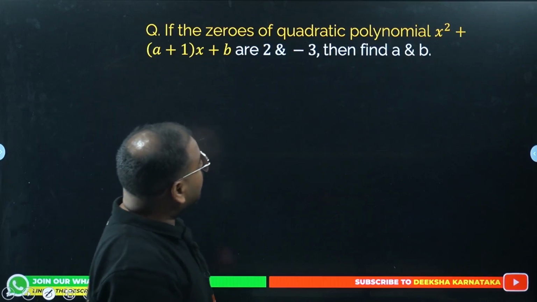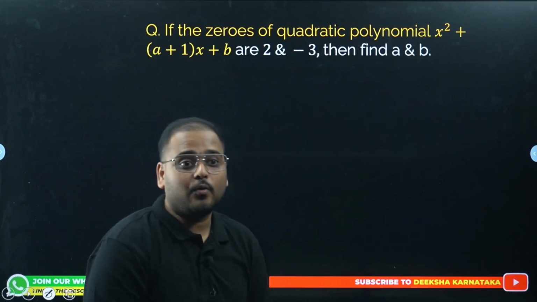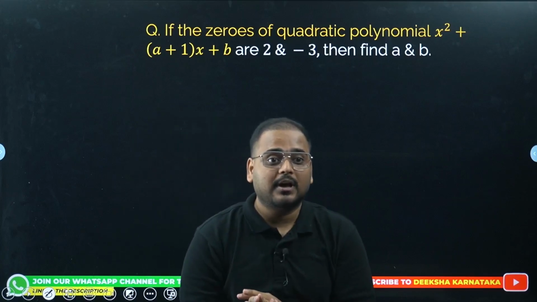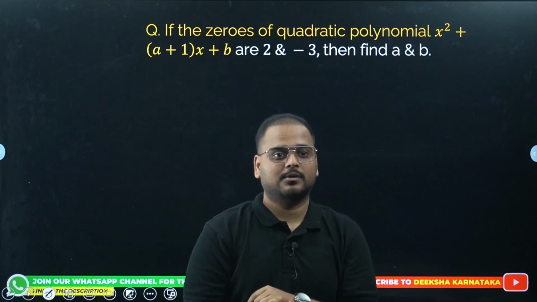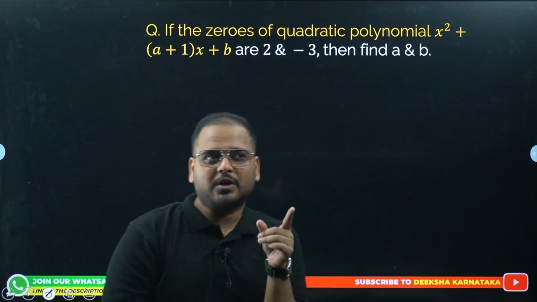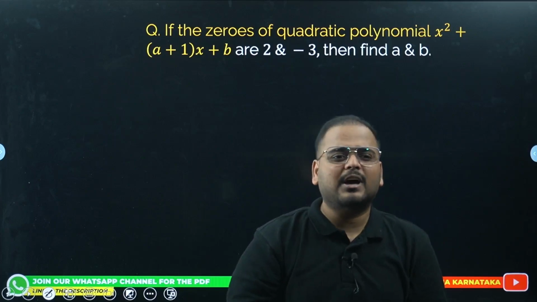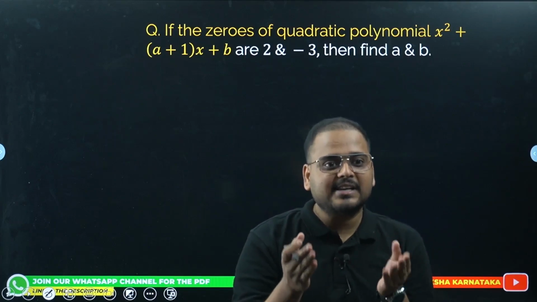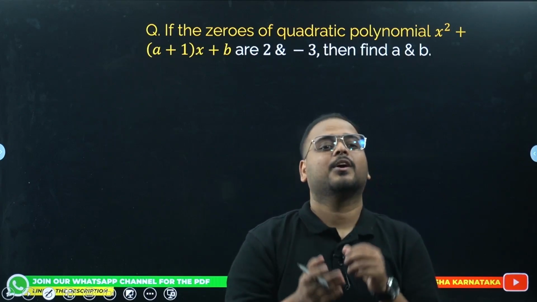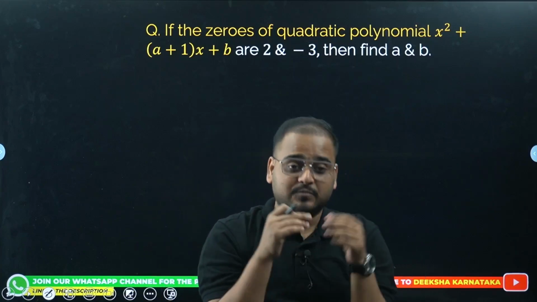If the zeros of a quadratic polynomial x square plus, okay, now they have taken a quadratic polynomial and they have given two zeros. Also they have given two variables. If you remember your teachers telling you, I know you will not remember because your teachers tell you a lot of things, but why will I listen, sir? Because what they say is important. They are saying it for your benefit.